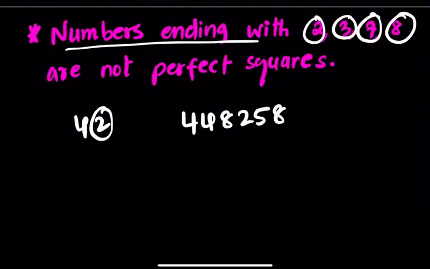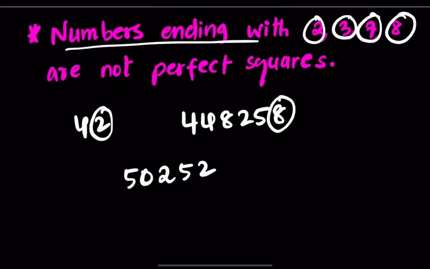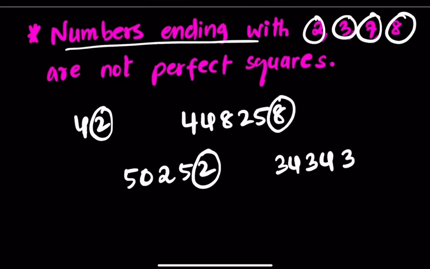It is not a perfect square because it is ending with 8, and we need not do any sort of prime factorization to check this. Is 50252 a perfect square? It is not because it is ending with 2. Is 34343 a perfect square? It is not because it is ending with 3.